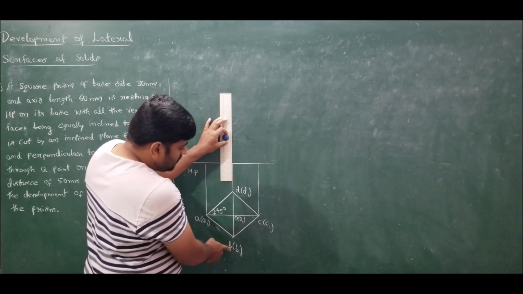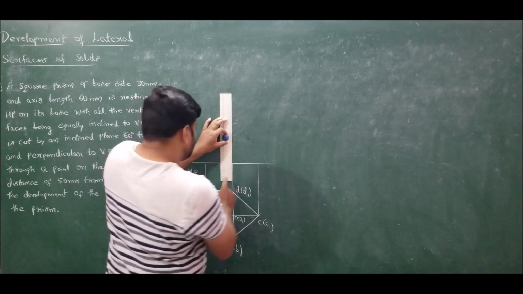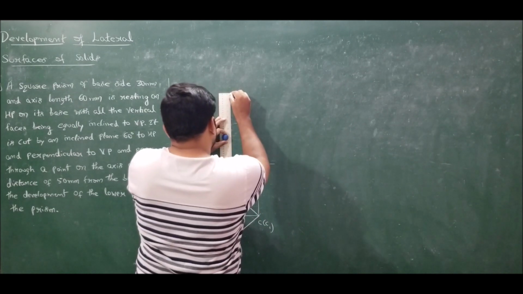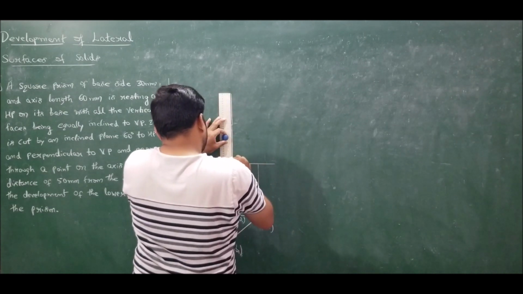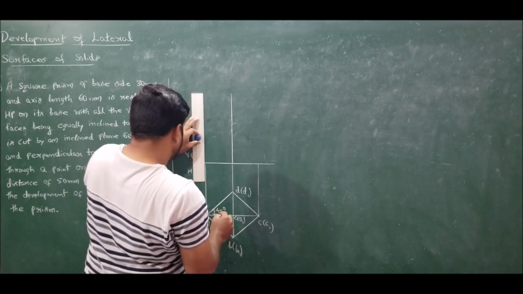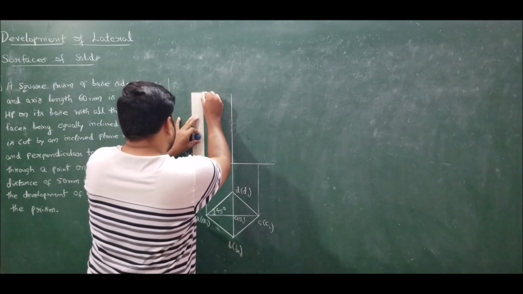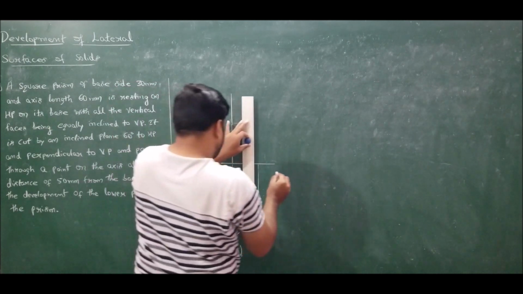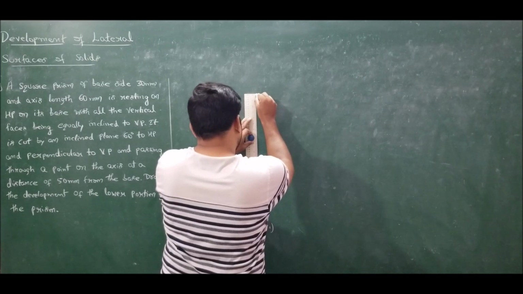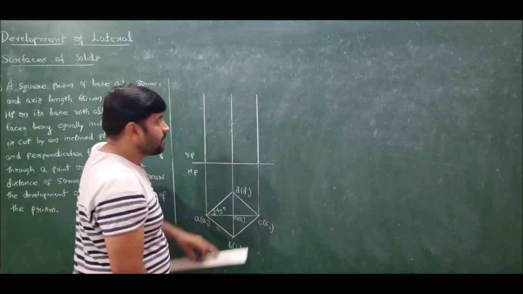So therefore I should give preference for the longer edge BB1, which is having a height of 60 millimeters. Here we have AA1 having a height of 60 millimeters, and also we have longer edge CC1 having a height of 60 millimeters.